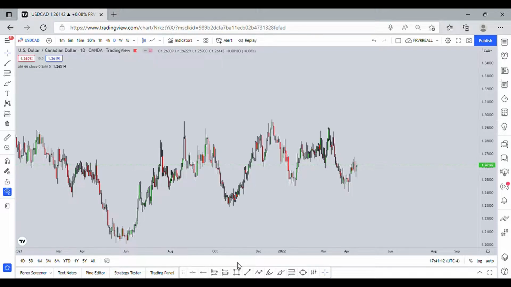So I'll first start with what types of market conditions exist in the financial markets. Number one is obviously trending markets and ranging markets. Best case scenario, you want to be trading within trending markets, because ranging markets are pretty hectic, and they don't really have a direction.